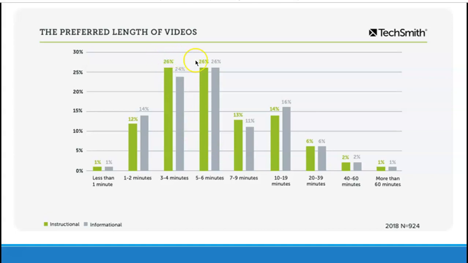If you combine these two, it's more than 50%, more like 62%. Between 3 and 6 minutes is the sweet spot for the preference of learners. 3 and 6 minutes.